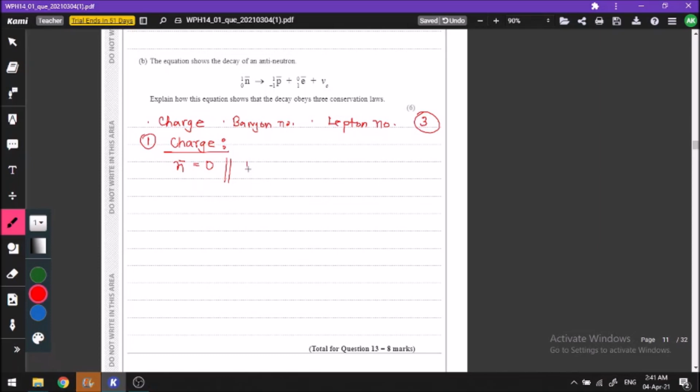The antiproton has a charge of -1, the positron has a charge of +1, and the neutrino has a charge of 0. So the total amount of charge, -1 plus +1 plus 0, gives us a total charge of 0.